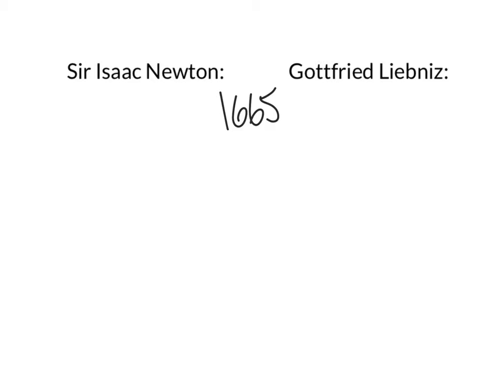But initially, what's important for us is their notation. See, Newton was a physicist. He was studying motion and definitely looked at the derivative as a rate of change. Notationally, he used this dot notation where he would put a dot over the top of a y to indicate y prime, or the derivative of y.